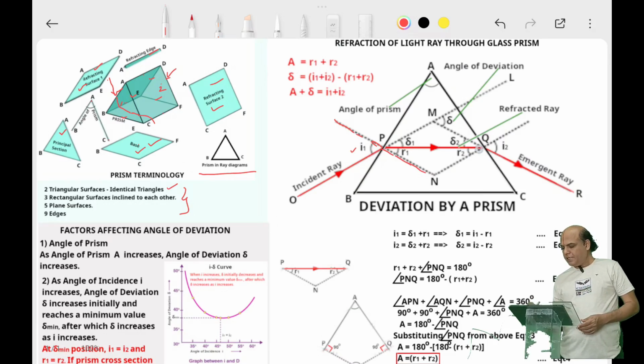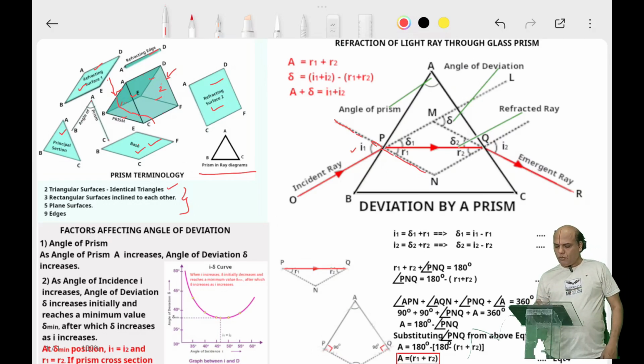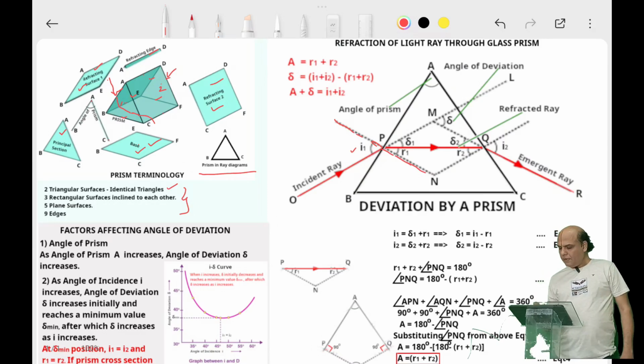Then when it hits the other surface AC, it again undergoes refraction. Because it is moving from denser to rarer medium, the refracted ray moves away from the normal. So it is refracted along QR. OP is the incident ray, I1 is the incident angle, PQ is the refracted ray, and R1 is the angle of refraction.